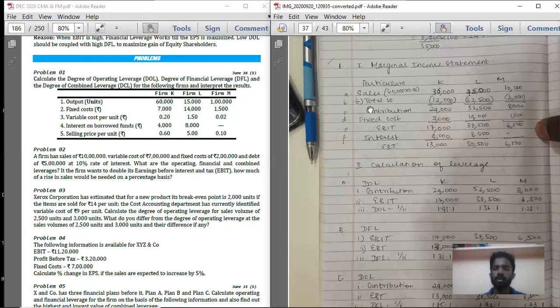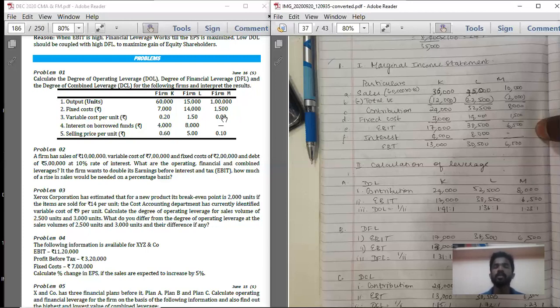Below that, small f, minus fixed cost. How much is the fixed cost they have given? 7,000, 14,000 and 1,500. Minus fixed cost, all three columns within bracket: for K 7,000, for L 14,000, and for M 1,500. Below that, small g, EBIT.